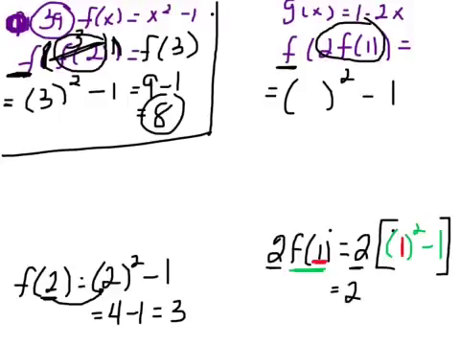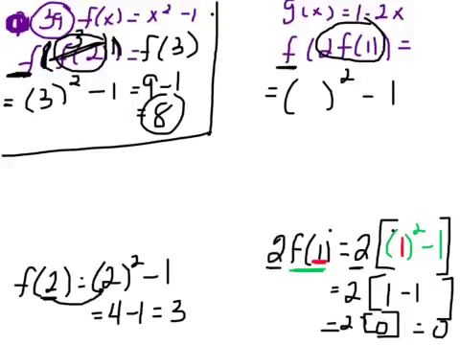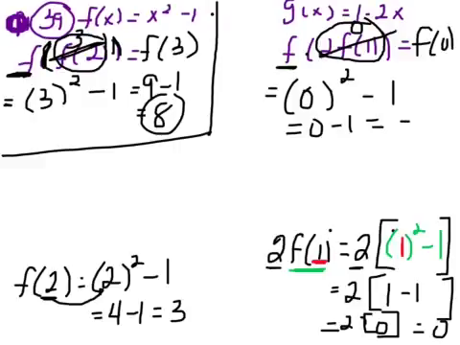So let's just add another layer onto the difficulty, didn't it? 1 squared minus 1 is 1. And 1 minus 1 is 0, so 2 times 0 is just 0. So all this mess up here is really just 0, or I could have crossed this out and put a 0 and said, oh, I'm supposed to plug 0 in here. Okay, so 0 squared is 0, minus 1 is negative 1.